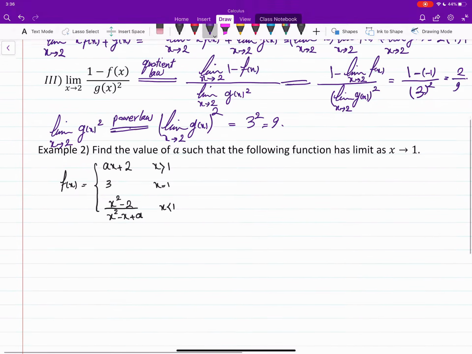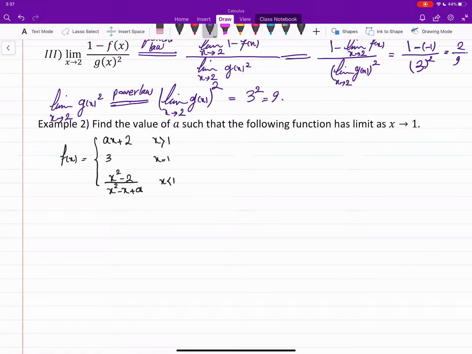Example 2 is a little bit different. It says: find the values of a for which the following function has a limit as x approaches 1. So we have to remember that the limit of f(x) as x approaches a exists if and only if the left limit exists, the right limit exists, and they are equal.